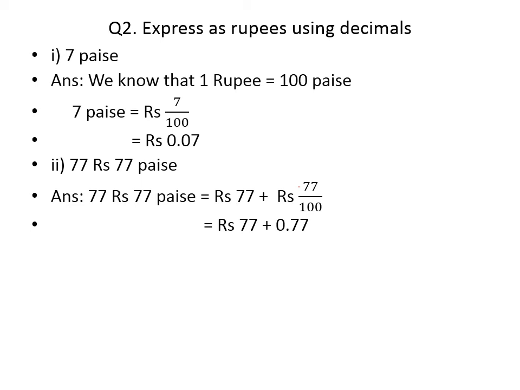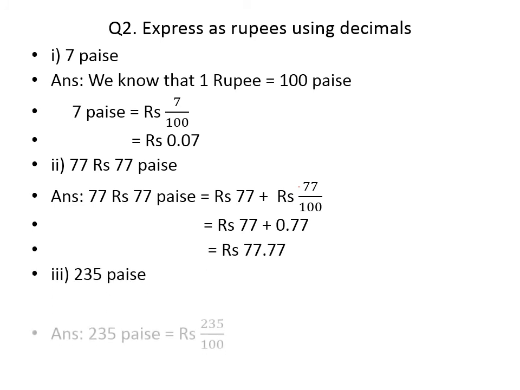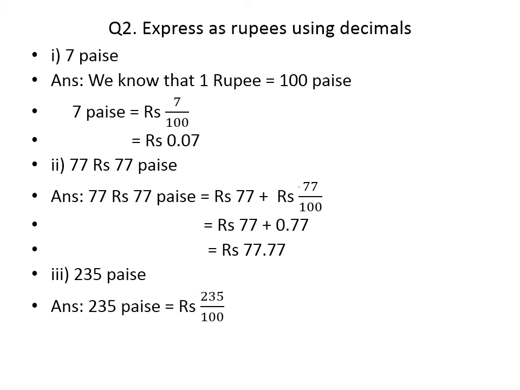So this is equal to 77.77. So same way here 235 paise is given, so this can be converted to rupees as this divided by 100. In the denominator there are two zeros, so decimal place will be after 2 digits from the right hand side, which is equal to rupees 2.35.